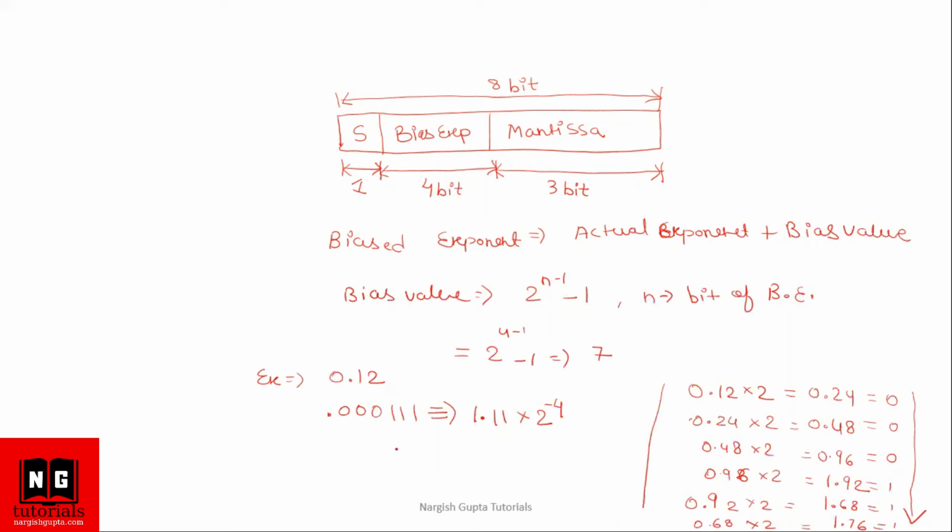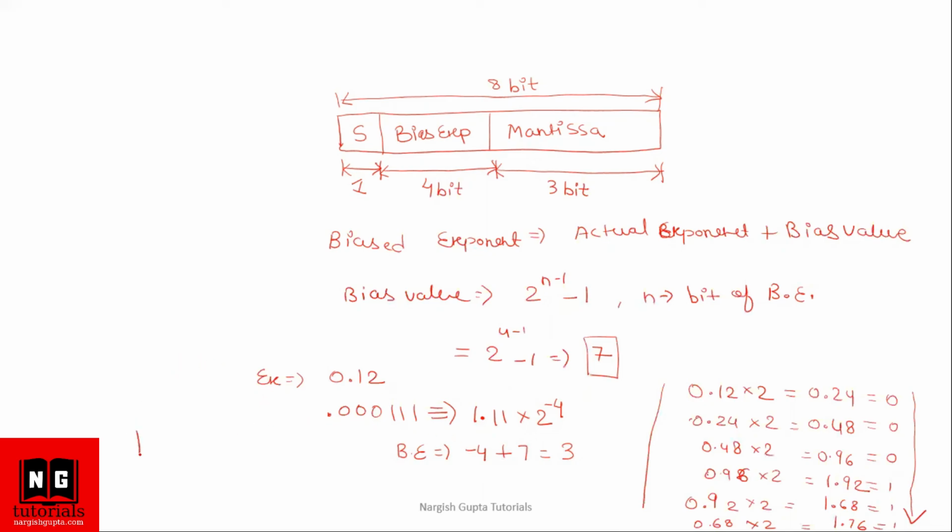Now we need to calculate the biased exponent. The actual value here is minus 4 and the bias value in the 8-bit format we calculated is 7. So we will add them, and we will get 3 here.